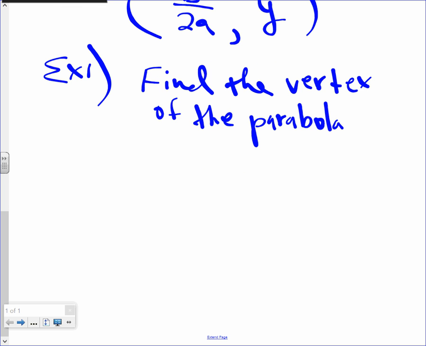And here's the equation I'm throwing at you: y minus 2x equals x squared plus 5. Off the top of my head. Right, so this is example 1. Let's find the vertex of this parabola.